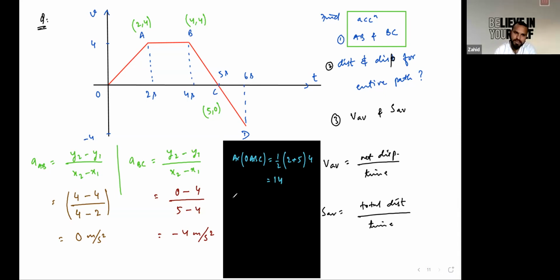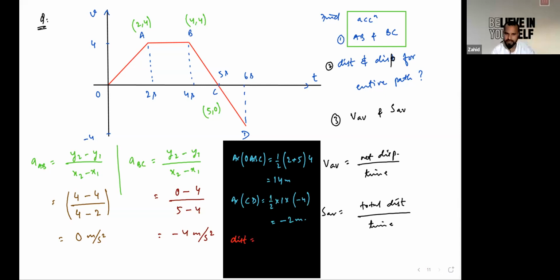Similarly, area of the triangle C to D is half times base 1 and height -4. So we calculate it to be -2 meter. Distance is nothing but mod of this area.